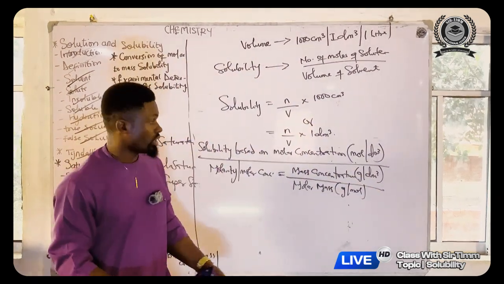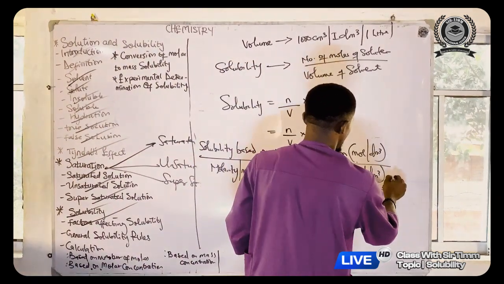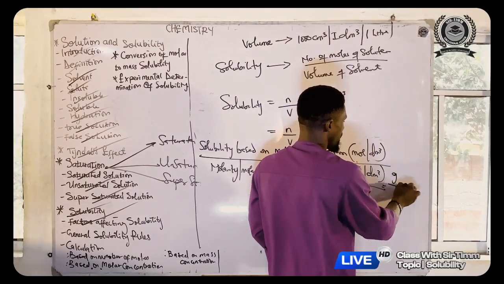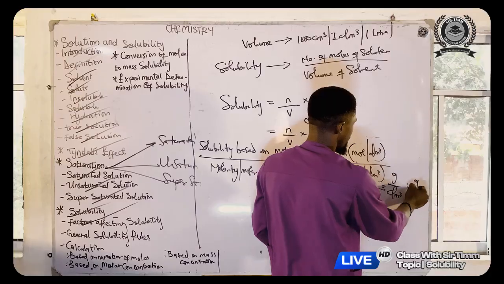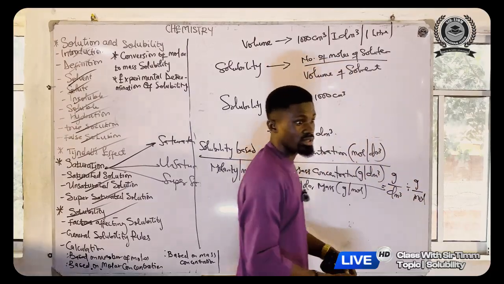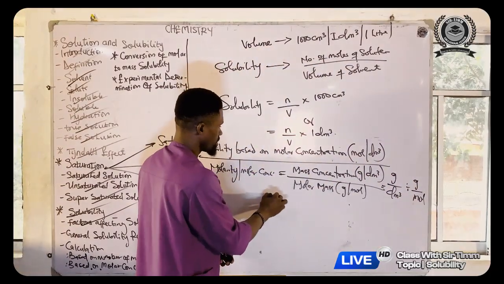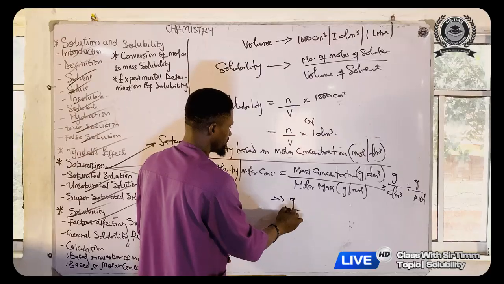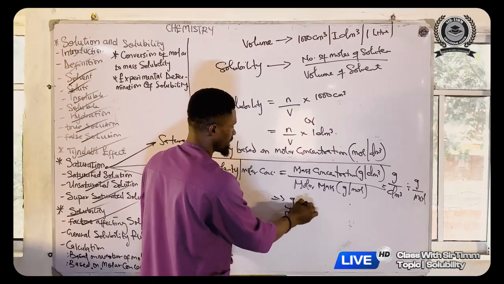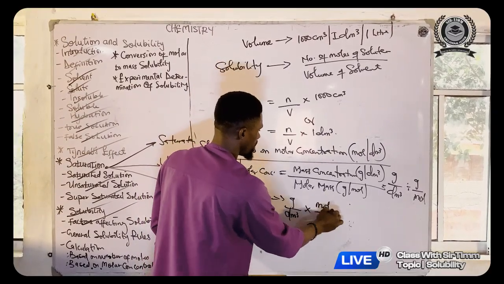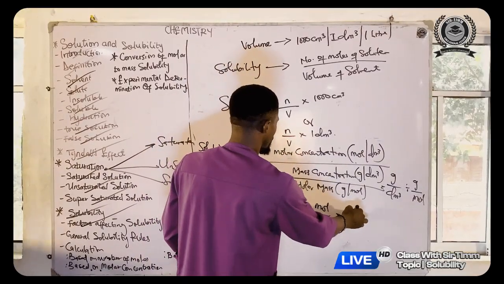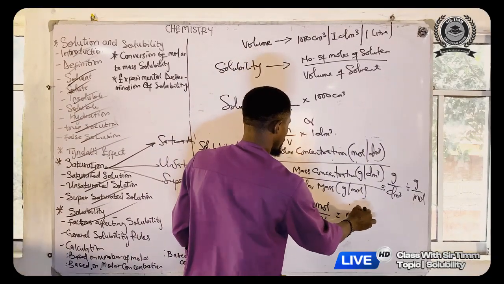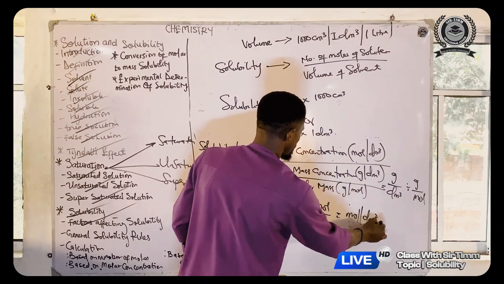So you have gram per dm3 divided by gram per mole, which gives gram per dm3 times mole per gram. The grams cancel, so our answer will be in mole per dm3.